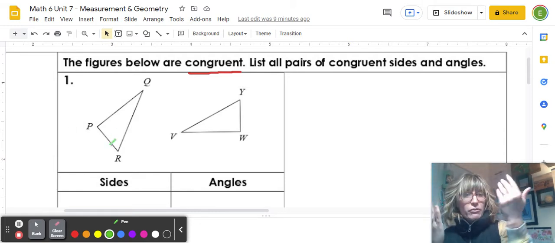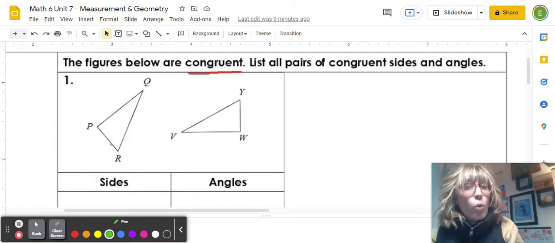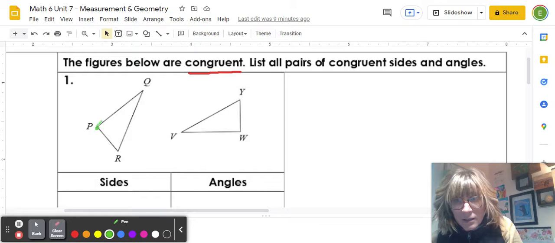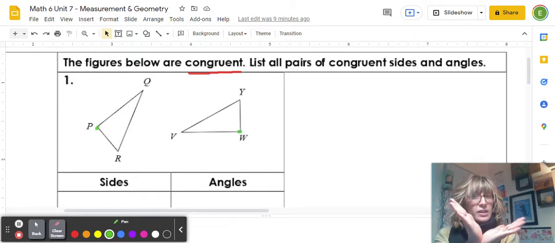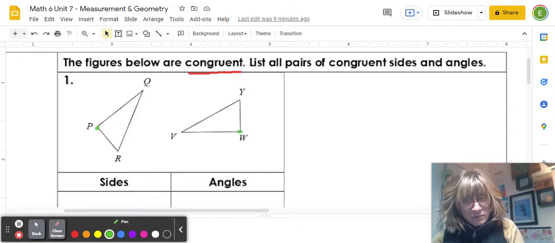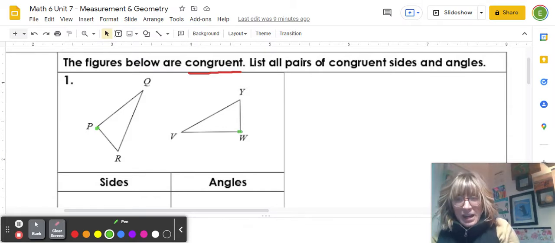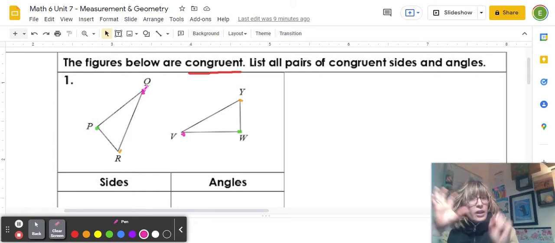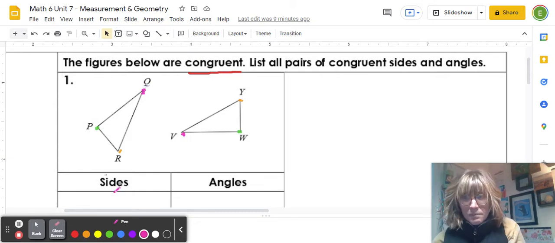If we flip them both the same way, we could see that P is the same point, the same vertex, as W, and that R is the same vertex as Y, and that Q is the same as V. So those are all equivalents, they're congruent.